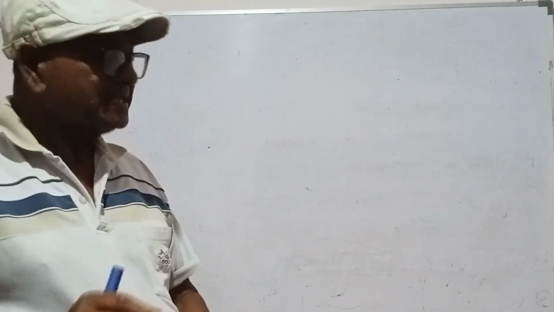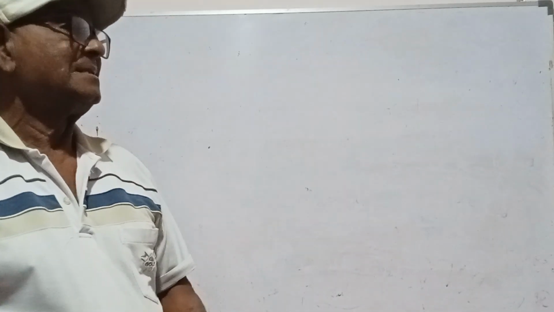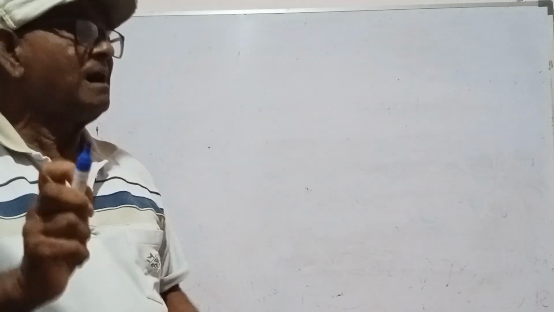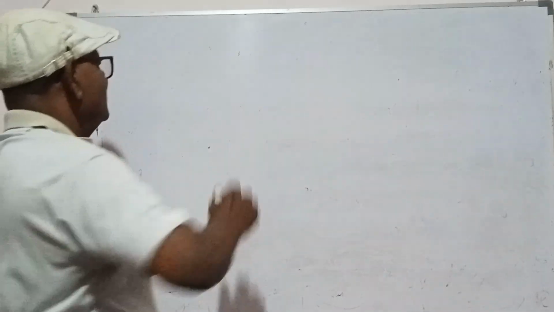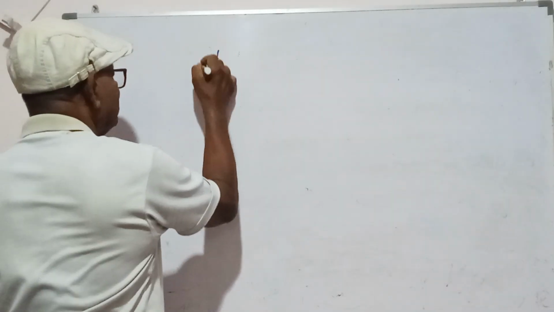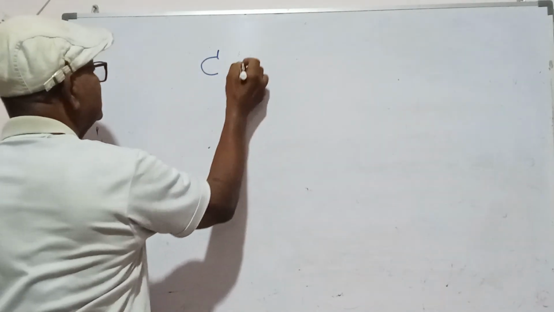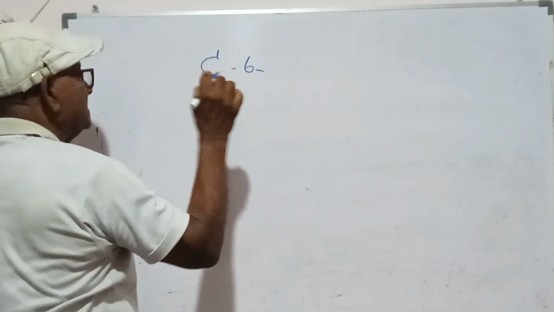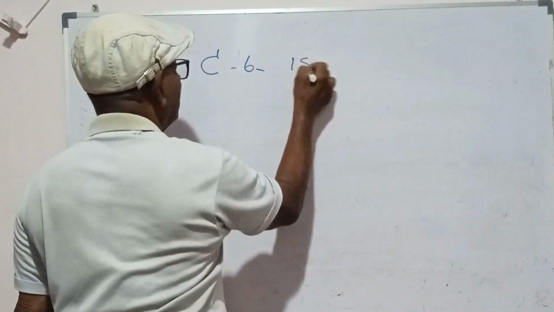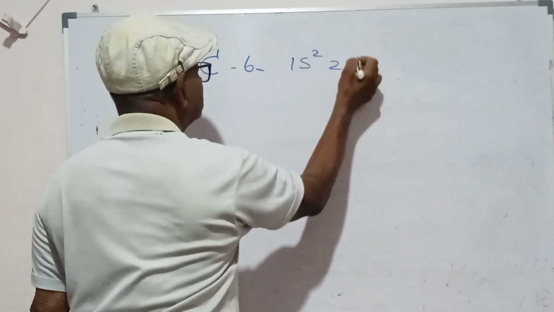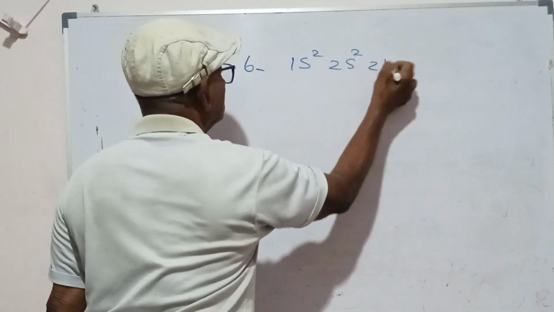Do you remember the first element in the second period? Carbon. See here, carbon has the atomic number 6 with the configuration 1s2, 2s2, 2p2.